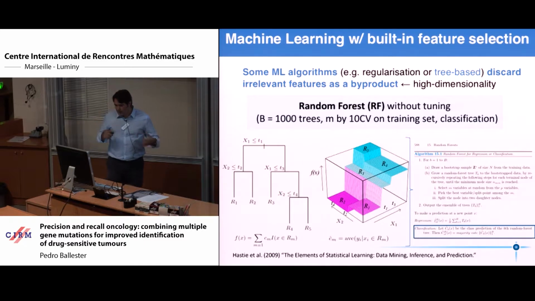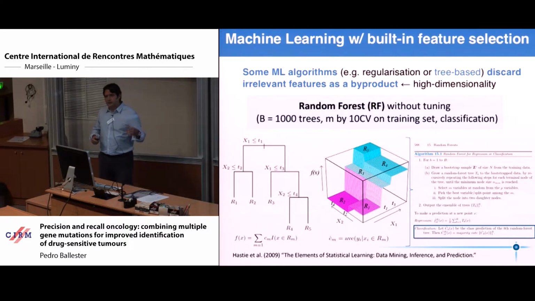Now, to generate these multi-gene models, we are using machine learning with built-in feature selection. We used a fairly standard approach, which is a gold standard in terms of using this data set, because it is appropriate for high-dimensional data.